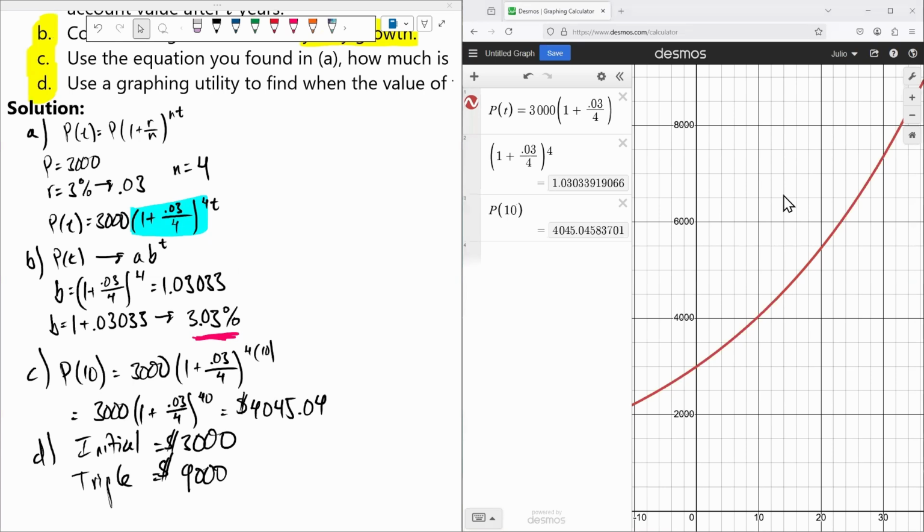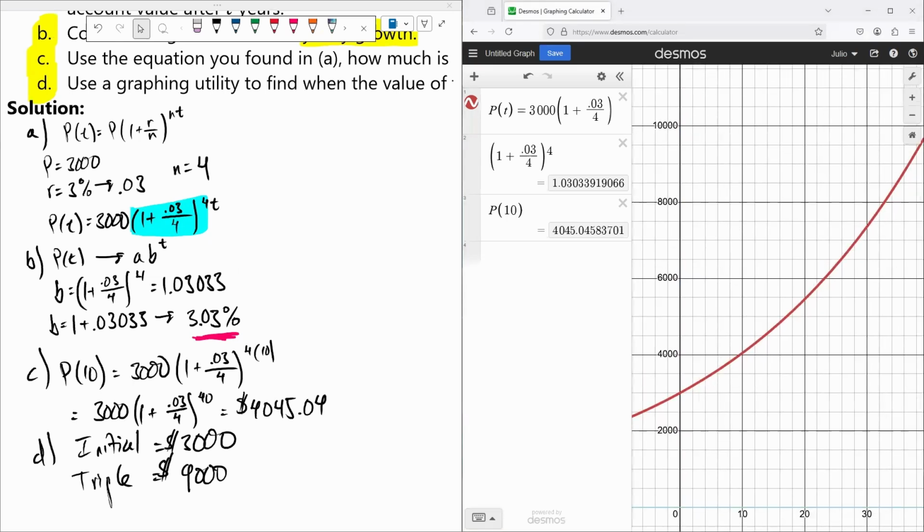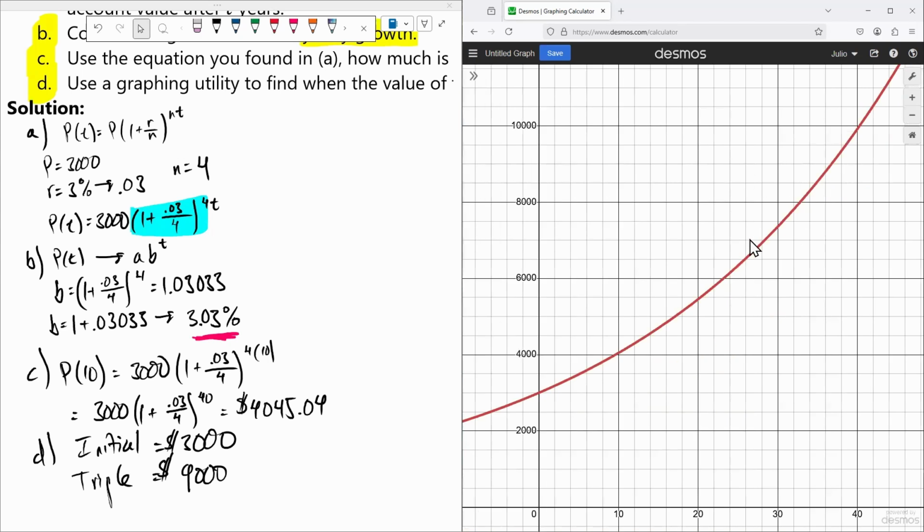My graph is not high enough yet, right? So I'm going to scooch this down a little bit. I'm going to scooch this in a little bit. And I want my Y value to be $9,000. So I'm going to start, there it is, 903, 911, what is that, 36.77? So I'm going to hide this so I can get a better view.